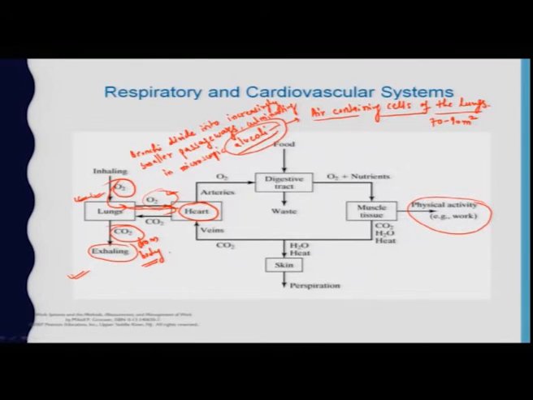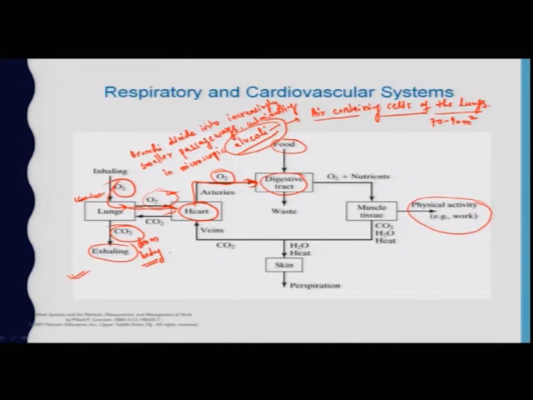So basically through arteries this oxygen goes to the digestive tract, and this oxygen helps in the digestion of the food as well.